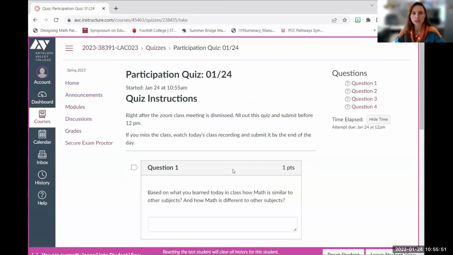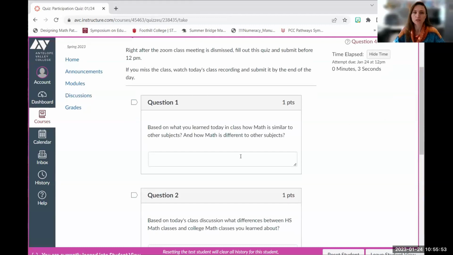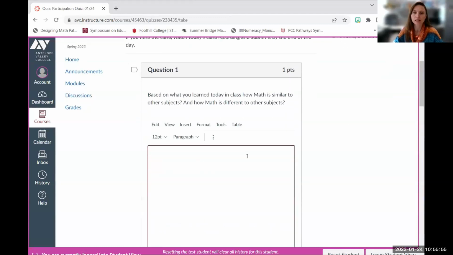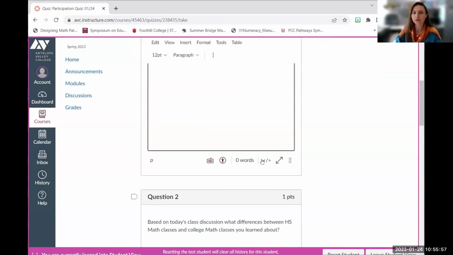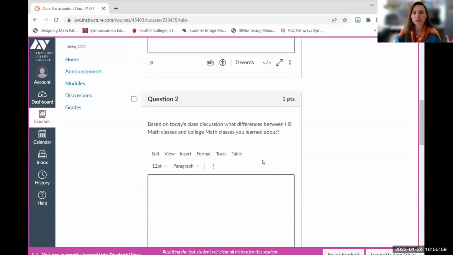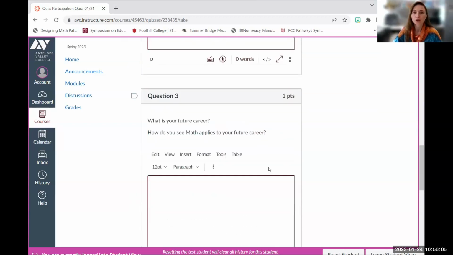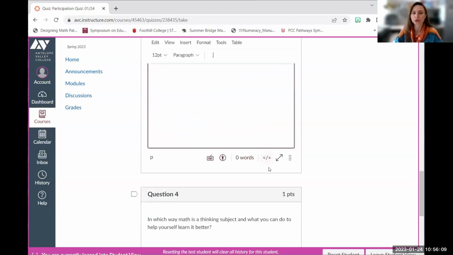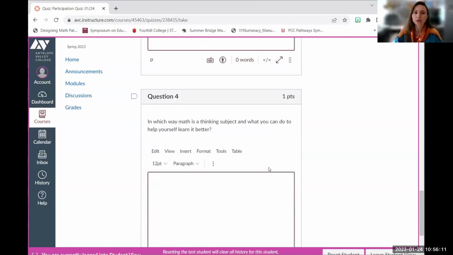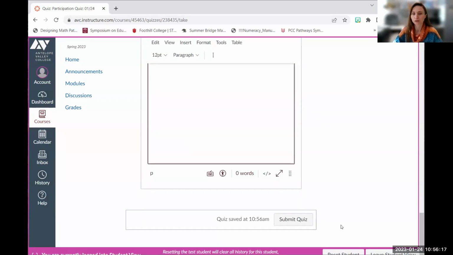The questions are such as, based on what you learned today in class, how do you think math is similar to or different from other subjects? Based on today's class discussion, what differences between high school and math classes did you learn about? What is your future career? How do you see math applies to your future career? And in which way is math a thinking subject and what can you do to help yourself to learn?